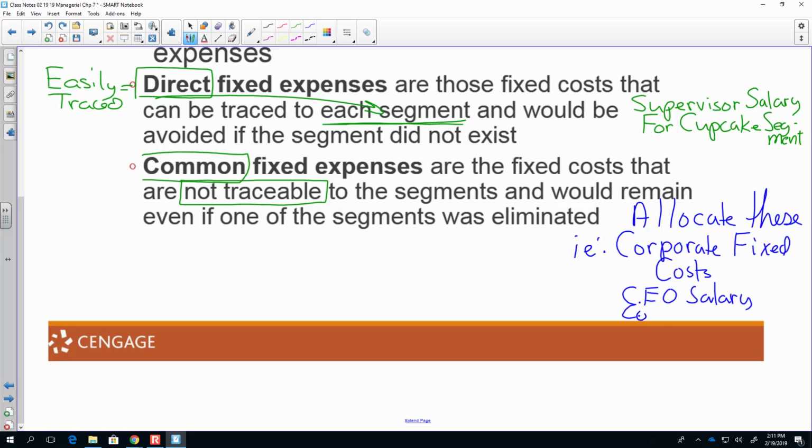The corporate depreciation on the corporate building, that sort of thing. Those are common fixed. We will cover this more so in a future chapter, chapter 8. But for chapter 7, just know those two and their differences. And we'll cover that in more detail in chapter 8, how we treat those two.